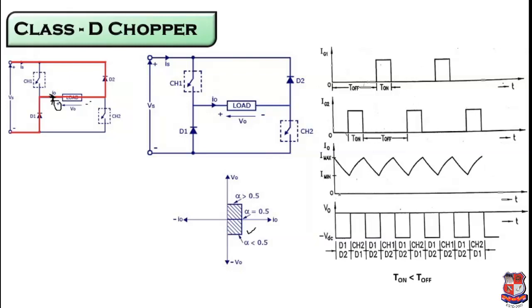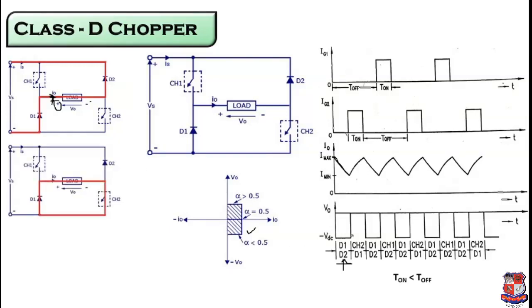You can observe that when D1 and D2 are on, voltage is negative and current is positive, at its maximum point and reducing slowly. Next, CH2 and D1 are turned on. Instead of connecting it to D2, D1 is connected.